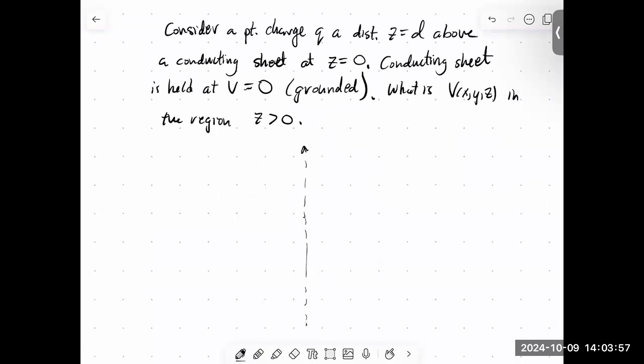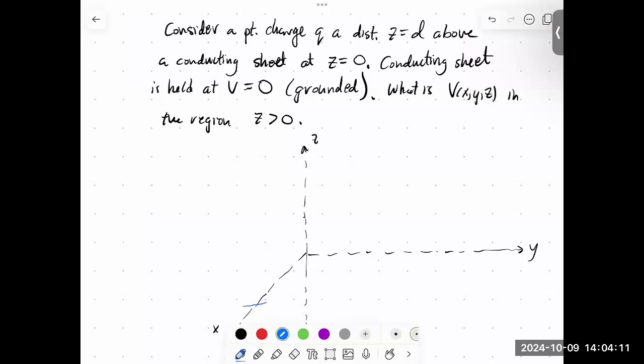We'll call this our Z-axis, then we have our Y-axis over here, and here is X. The plane sits in the XY plane, something like this.